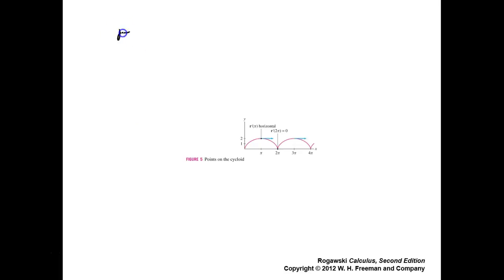Here's the function, r of t, this is for a cycloid, is equal to the vector t minus sine t, comma, 1 minus cosine t. Two-dimensional. We're not doing three-dimensional cycloid. Please don't. Okay. That traces a cycloid.